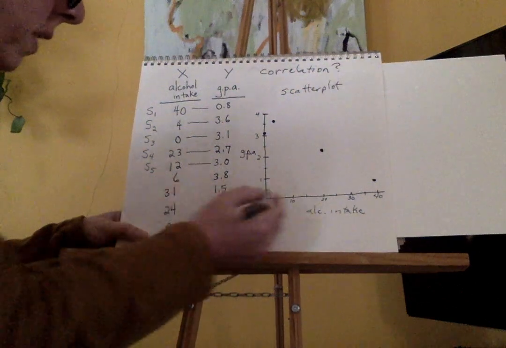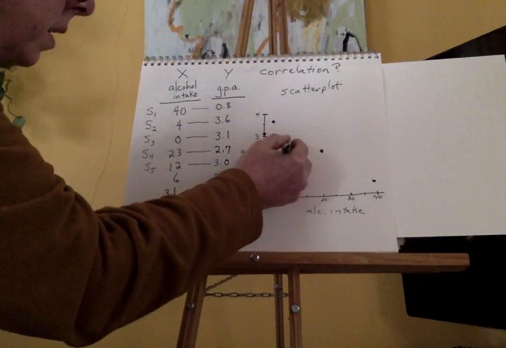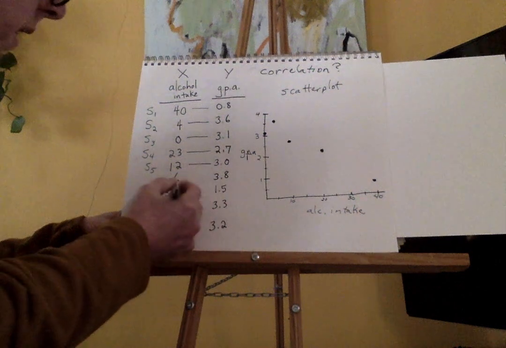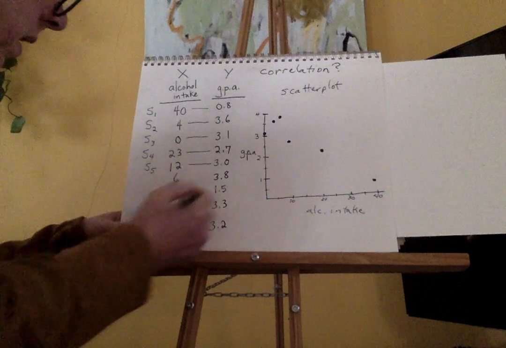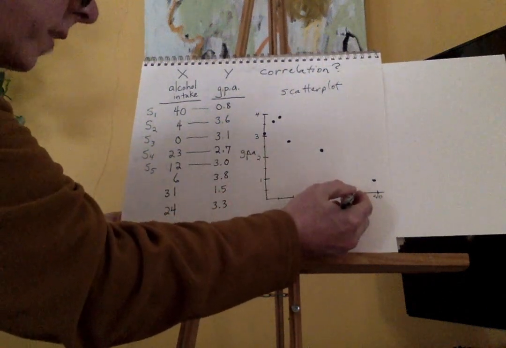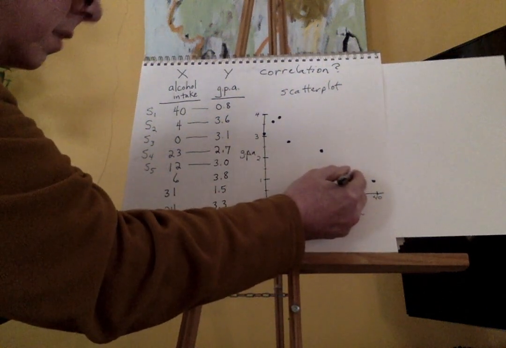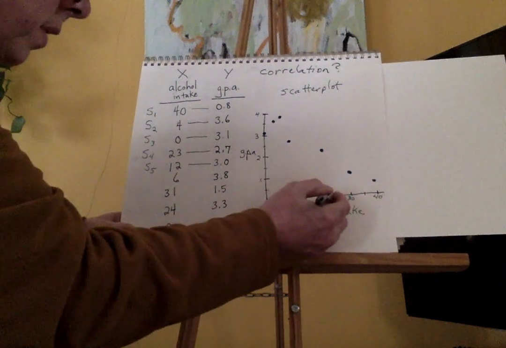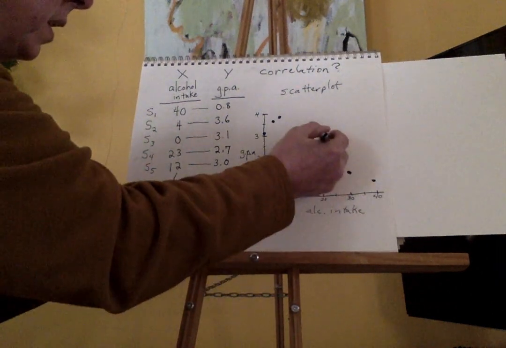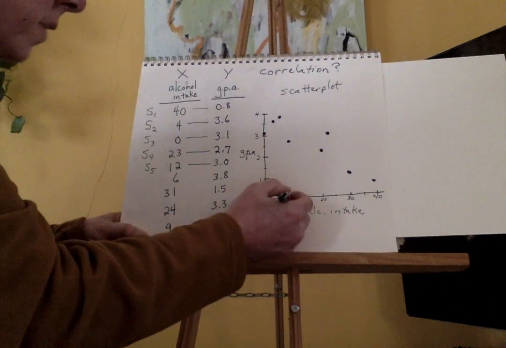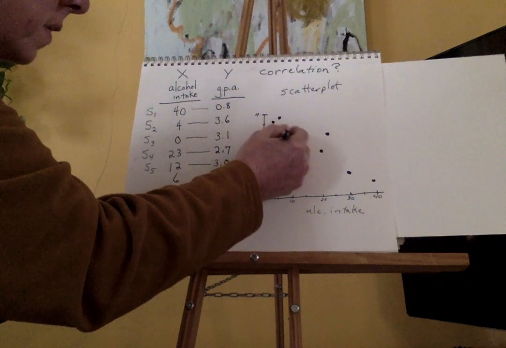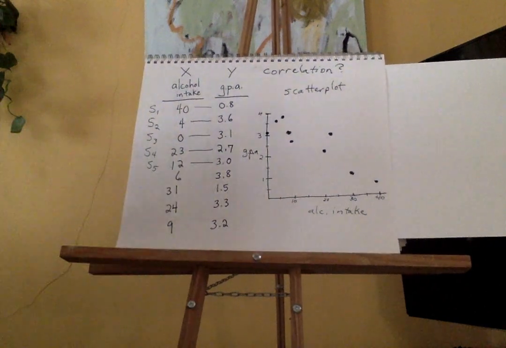Doesn't have to be perfect, 12 and 3. 6 and 3.8, that's way up here, okay, and 31 and 1.5, and 24 and 3.3, and 9 and 3.2, okay, so that's up here, all right, so that's our scatter plot.